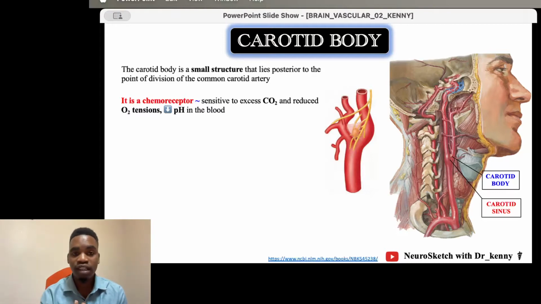So if you have too much carbon dioxide, it means we have low pH, and so we have to raise the pH to an optimal pH. So what happens is it sends information to the respiratory center of the brainstem, and the respiratory center responds by increasing the respiratory rate so as to remove this excess carbon dioxide and to inhale a lot of oxygen so as to optimize this condition in the blood.